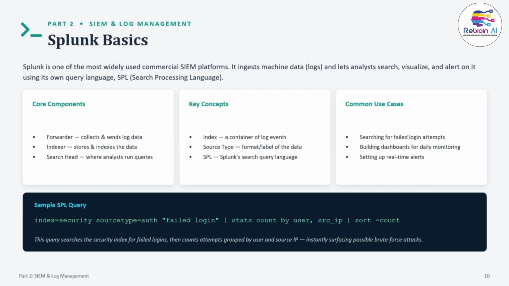Next, stats count by user, src_ip. The pipe symbol means take the previous results and do something more with them. Here we are counting how many failed logins happened, grouped by each user and each source IP address.